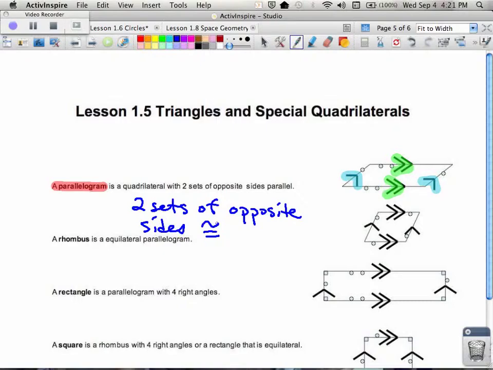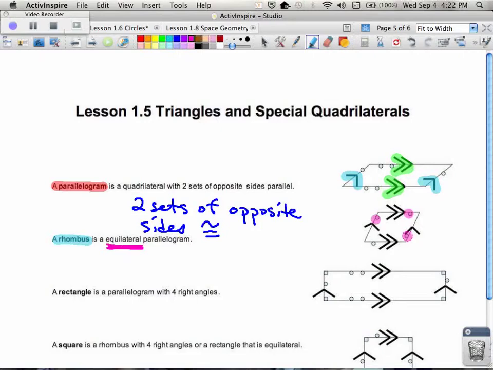The second item that we're going to talk about is a rhombus. Now a rhombus is the same thing as a parallelogram, but it has one distinguishing feature extra. It's equilateral, as you can see here underlined in pink. When I say equilateral, that means all four sides are the same size.